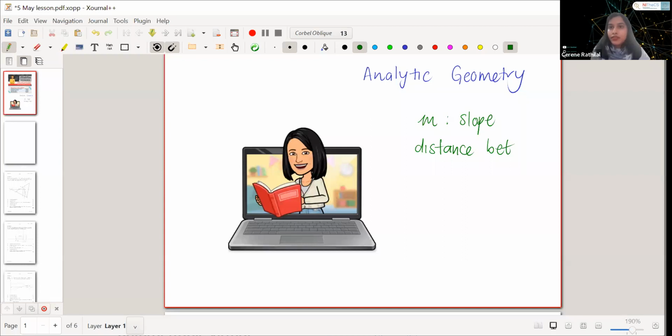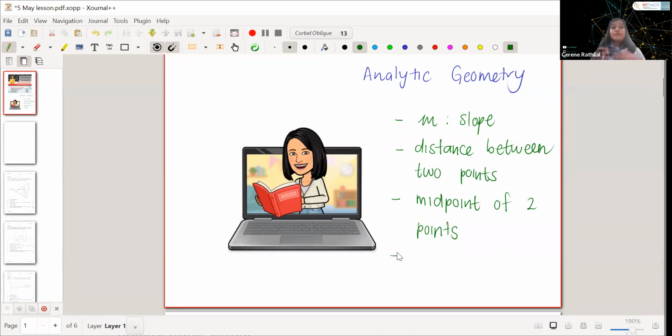So I'm just trying to adjust something on my screen so I can write. Perfect. Right, so the distance between 2 points. You would have also learned about the concept of the midpoint of 2 points.